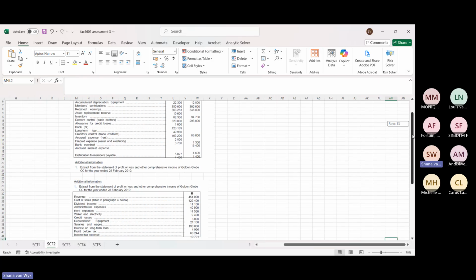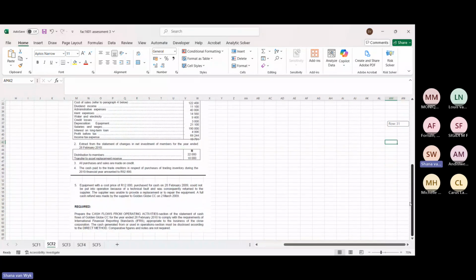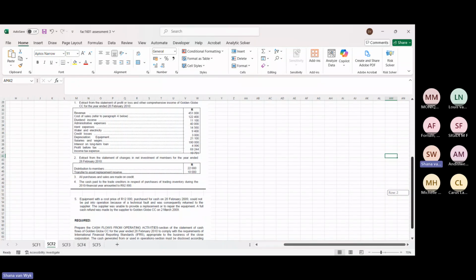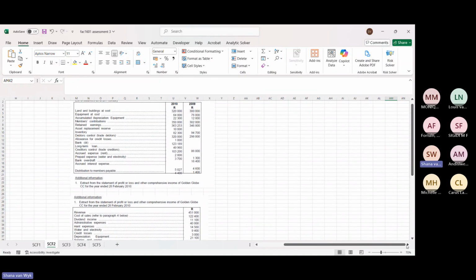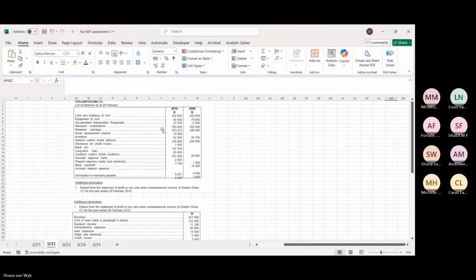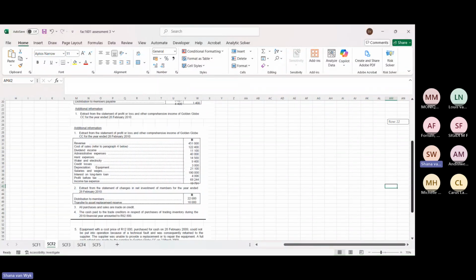Now it gives a lot of things required: prepare the cash flows from operating activities section of the statement of cash flows. The cash generated must be using the direct method. Comparative figures and notes are not required. So let's quickly start with the framework and then we can work through the additional information.